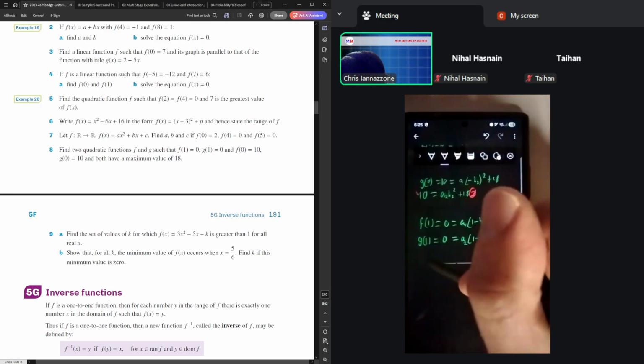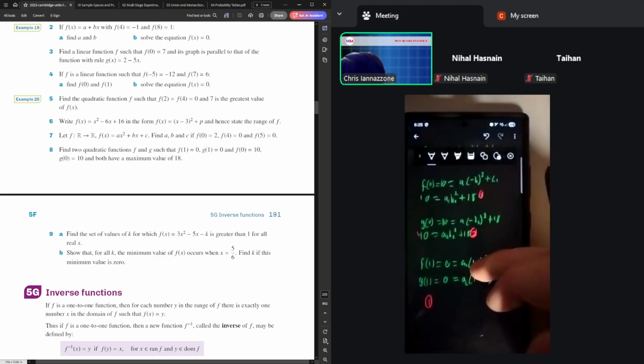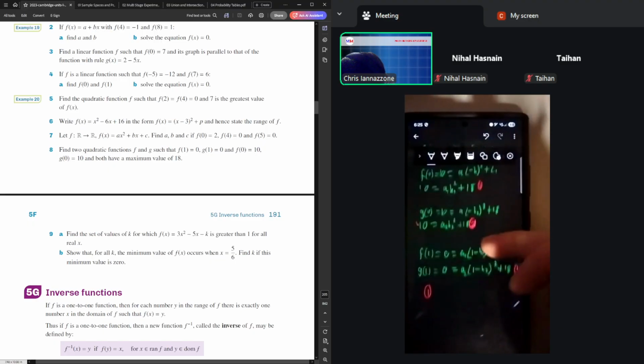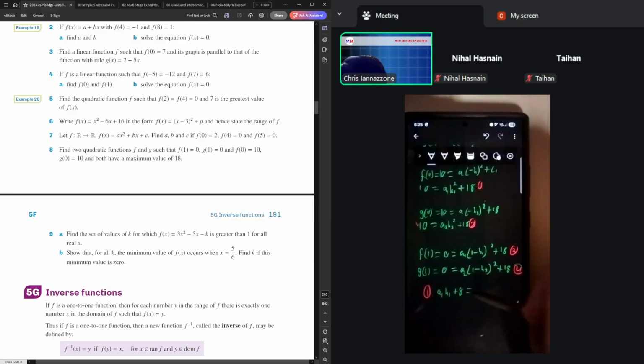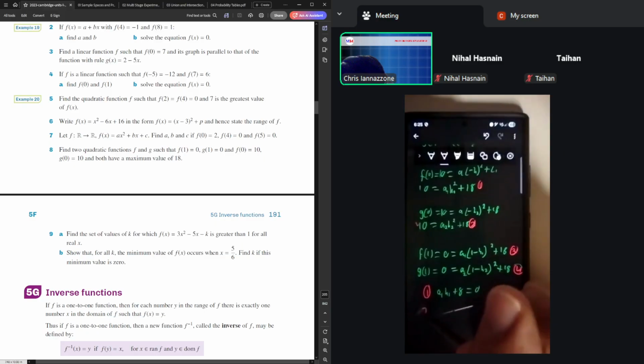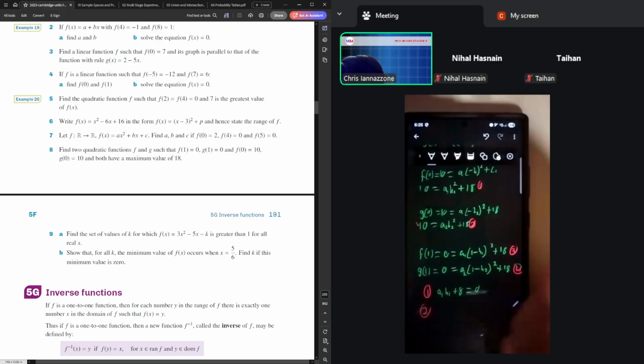So rewriting 1, 10 to the other side, you've got now a1 h1 plus 8 equals 0. Rewriting our 2 as the same thing, it's now a2 h2 plus 8 equals 0.